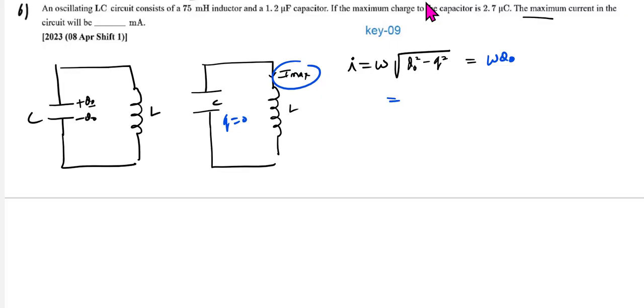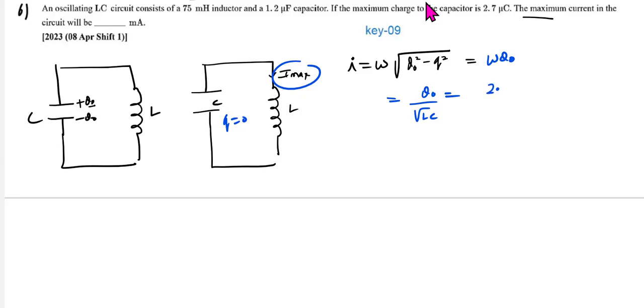What is omega? Omega will be 1 by root LC, and this is multiplied by Q naught.